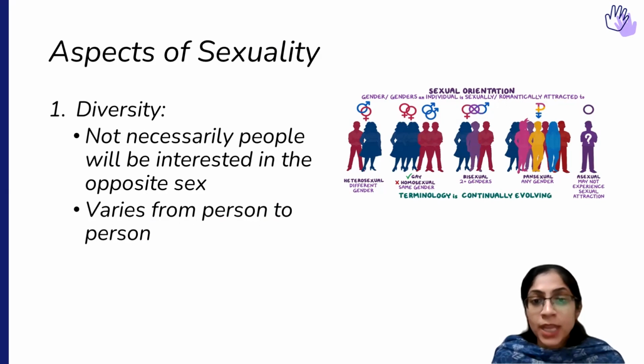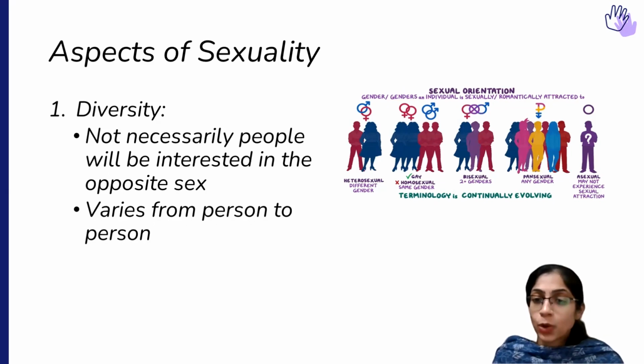Gay is having interest in the same gender. So as a female, you are interested in a female. As a male, you are interested in a male. You may be asexual. You would not have a sexual preference at all. That means you may be neither interested in males or females. On the contrary, you may be a bisexual. Bi means two, so you have interest in both genders, both sexes.